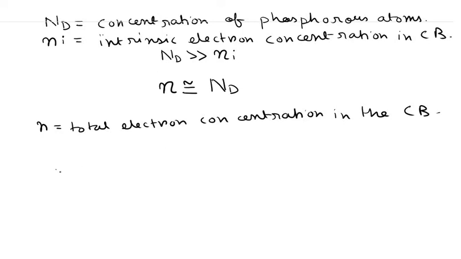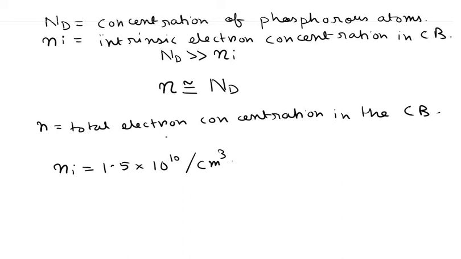So let us take an example. Let us say that Ni is 1.5 into 10 to the power 10 per centimeter cube. Okay, so this is the intrinsic electron concentration in the conduction band for silicon at 300 Kelvin temperature.